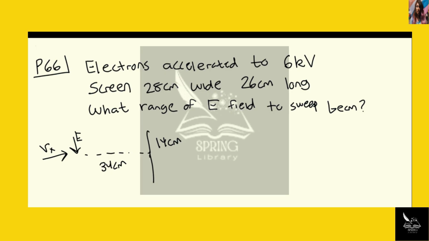To start, we can say that the initial potential energy plus the initial kinetic energy equals final potential and final kinetic for the accelerated electrons. Assuming that the electrons have no kinetic energy to start, we can eliminate this from our equation, and we can also eliminate final potential.